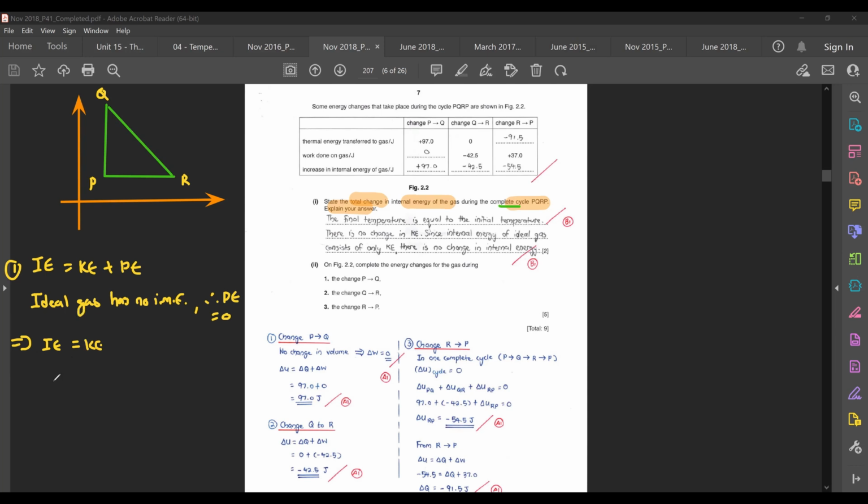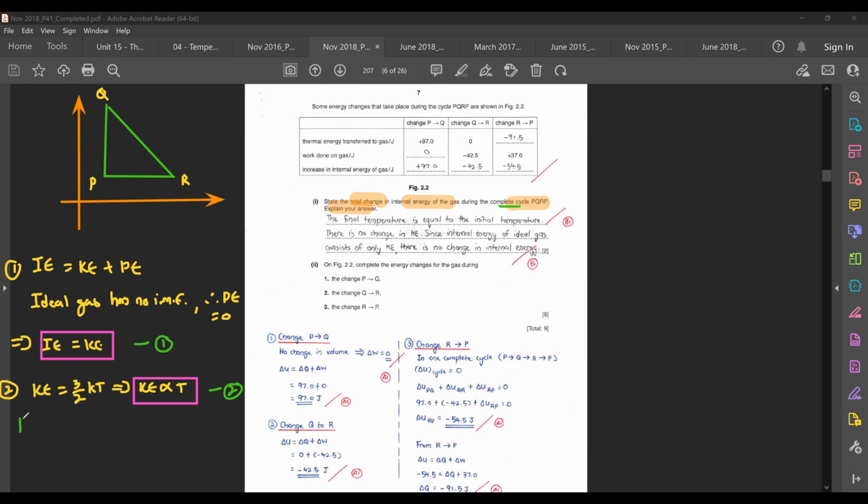Okay. And then one thing to also note is that I mentioned to you that kinetic energy of your gas molecules is 3 over 2 kT, which means that KE is proportional to T. If you now look at this equation, I think I better just write it as equation 1 and equation 2.